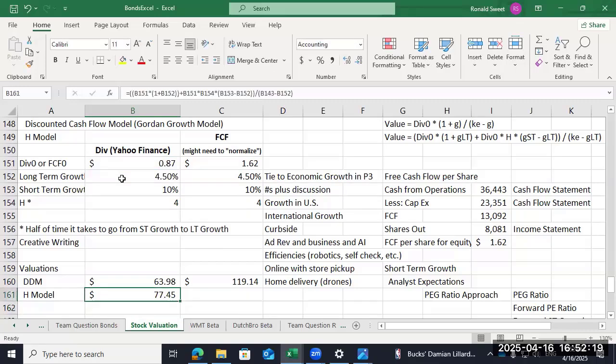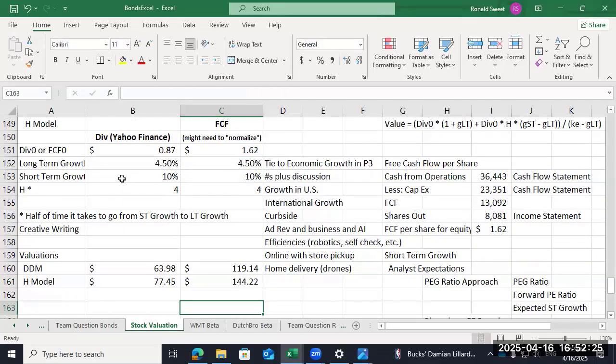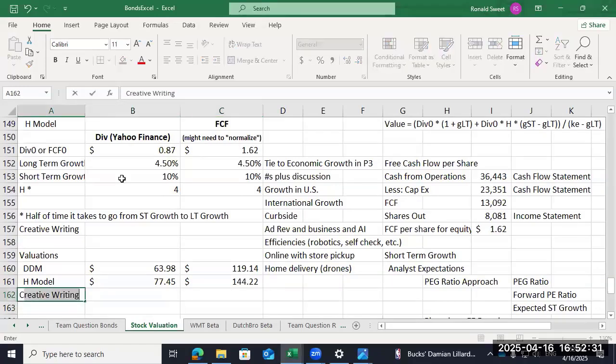It gives me 77.45, and then we'll do the same thing here. Gives us 144.22. And then what is the current price?